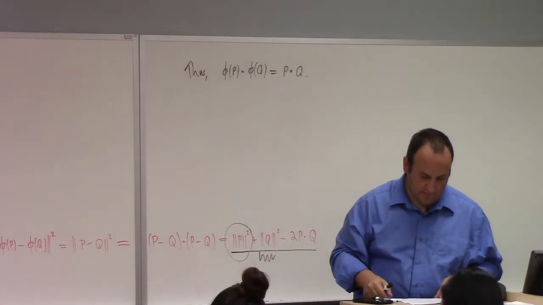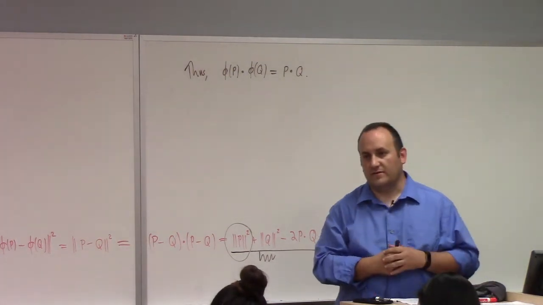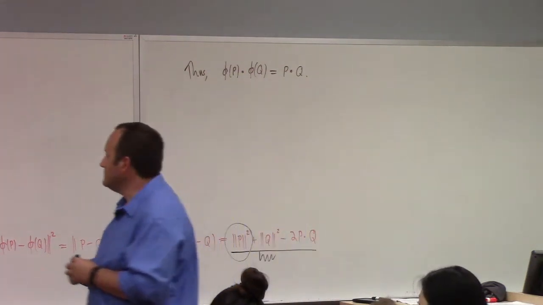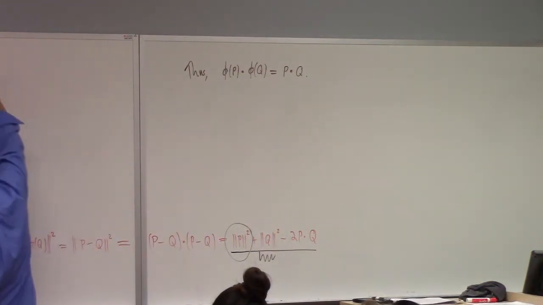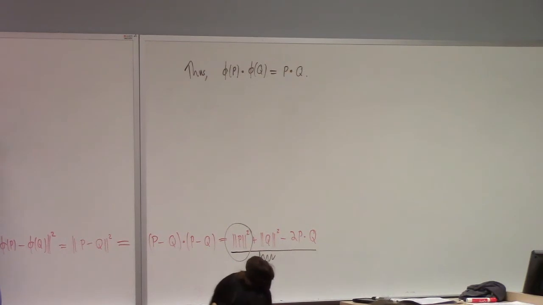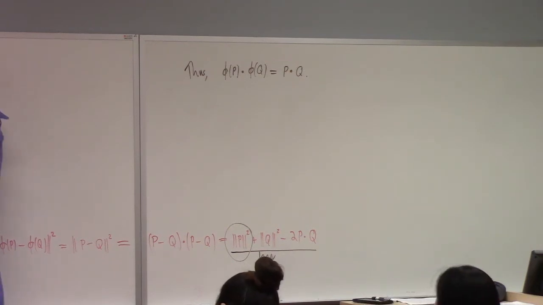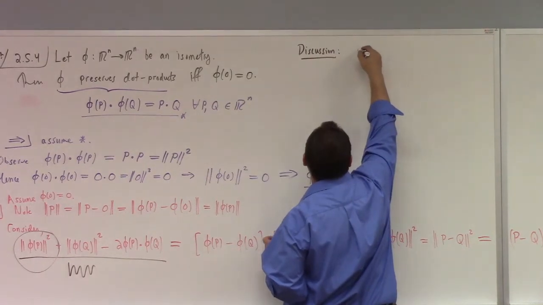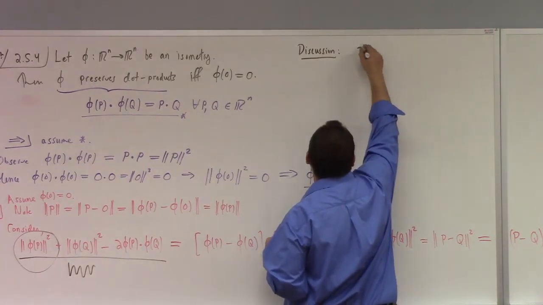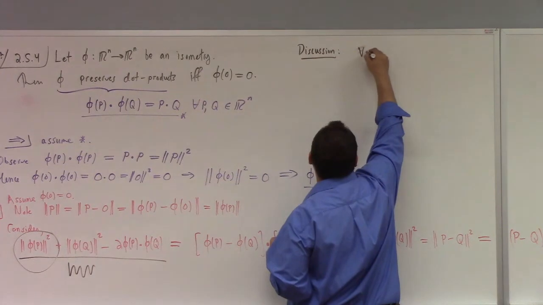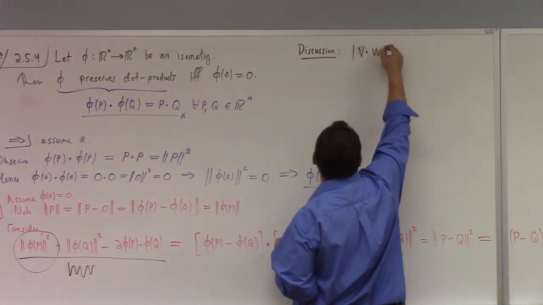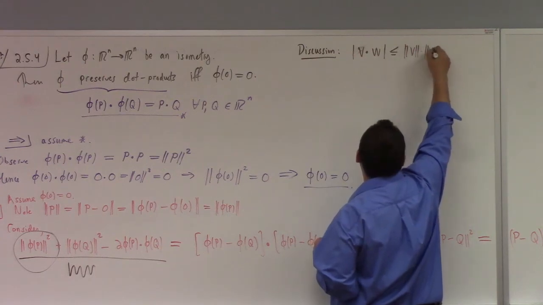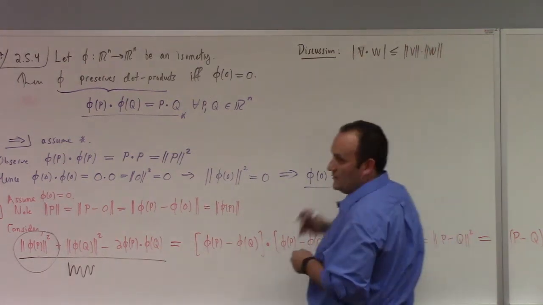So, dot products are important. Why? Why are dot products important? So we have the Cauchy Schwarz inequality, right? So like v dot w, the magnitude of that is less than or equal to the length of v times the length of w. This is the so-called Cauchy Schwarz inequality.